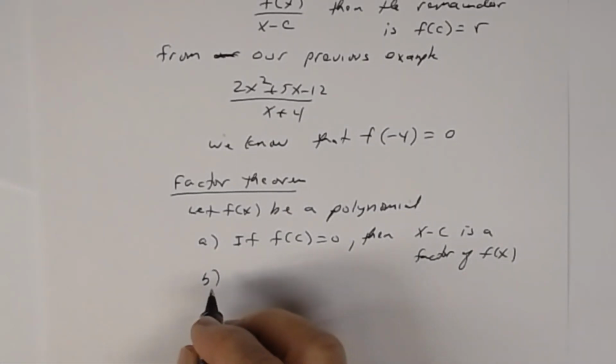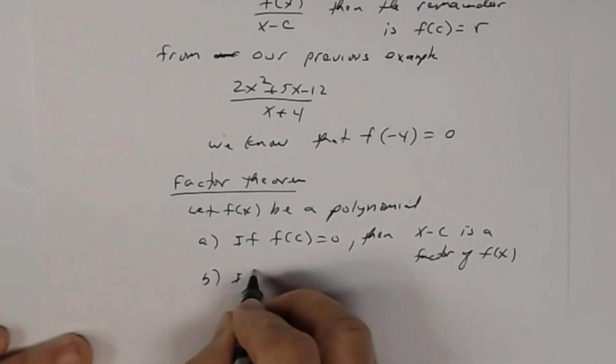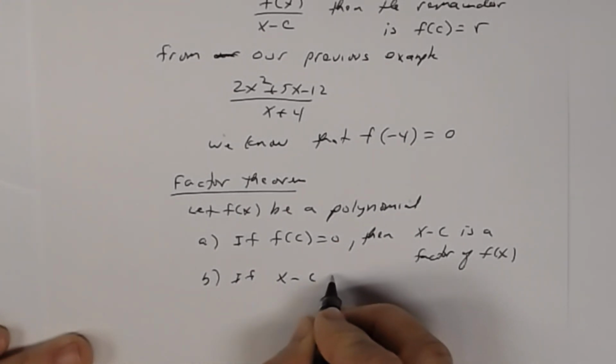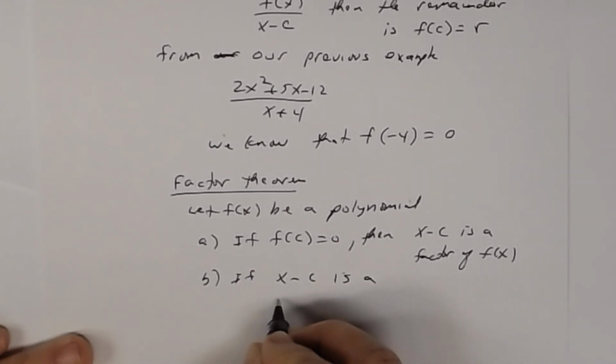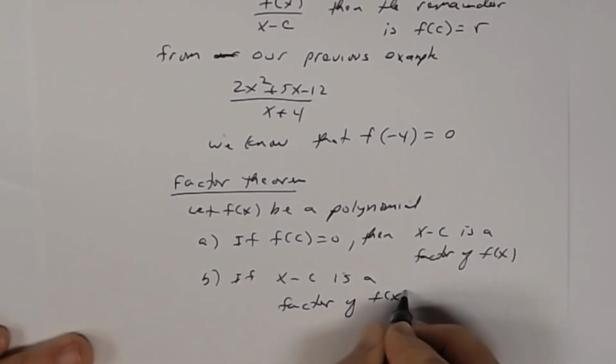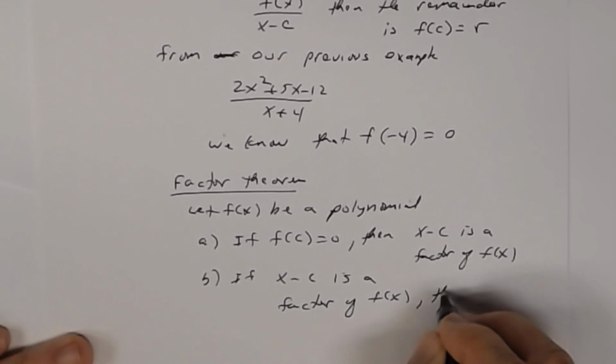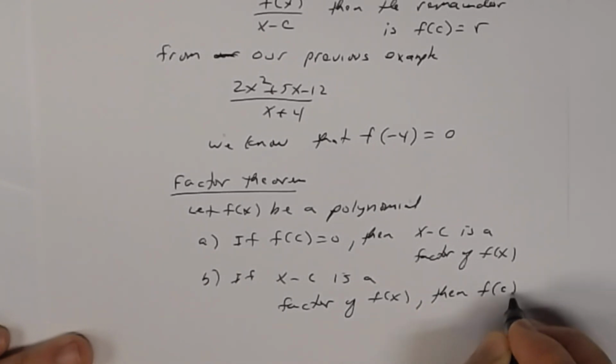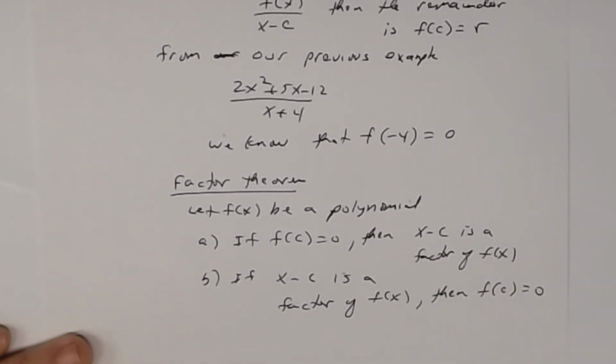So the second part says this: if x minus c is a factor of f of x, then f of c must equal 0. That's the factor theorem, and it has two parts.